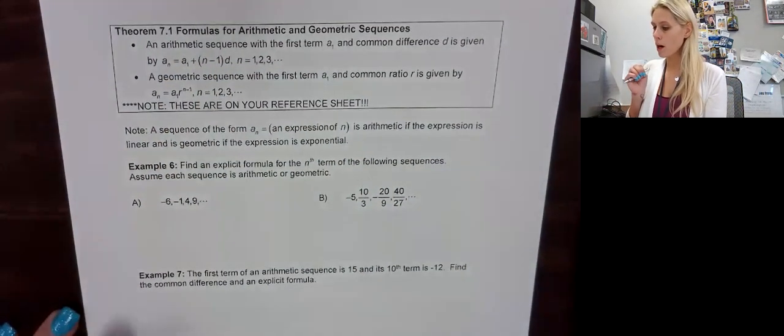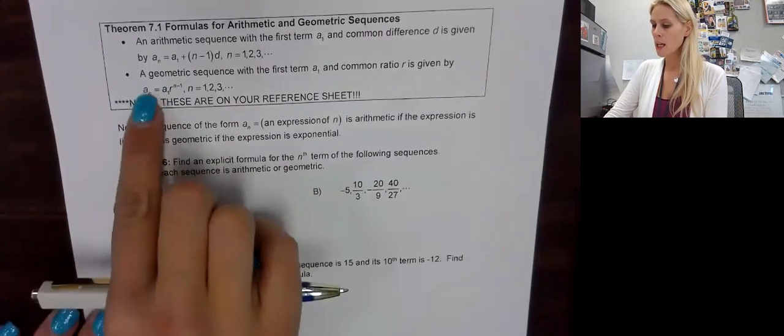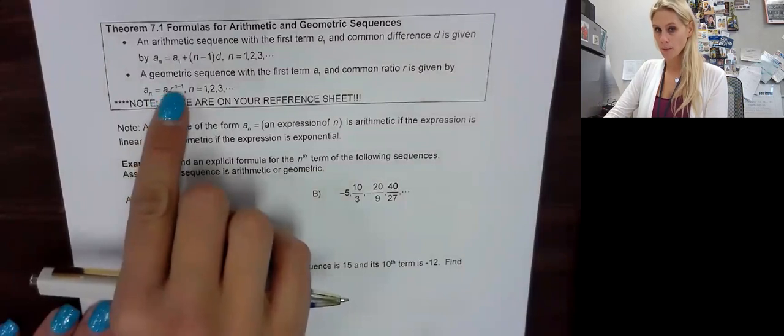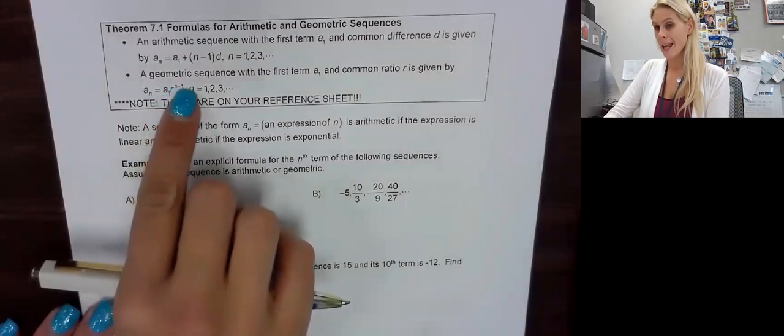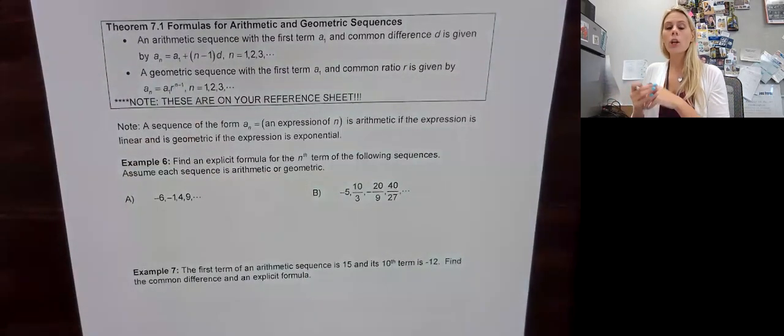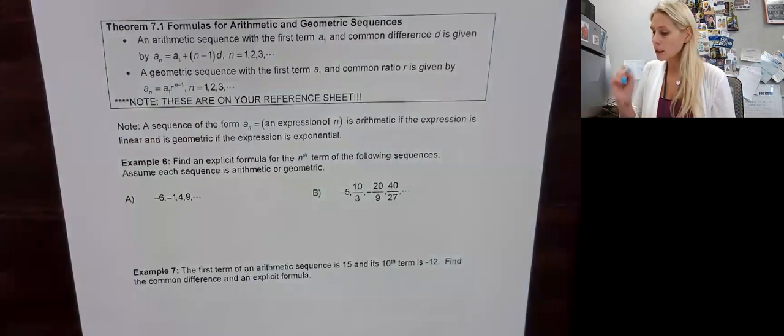Same thing for a geometric sequence. Any term can be found by the first term times the common ratio to the n minus 1.